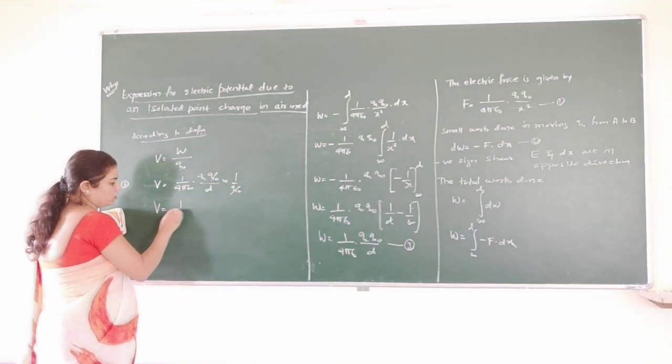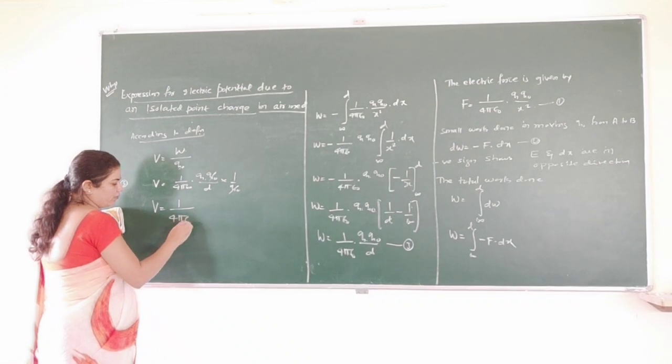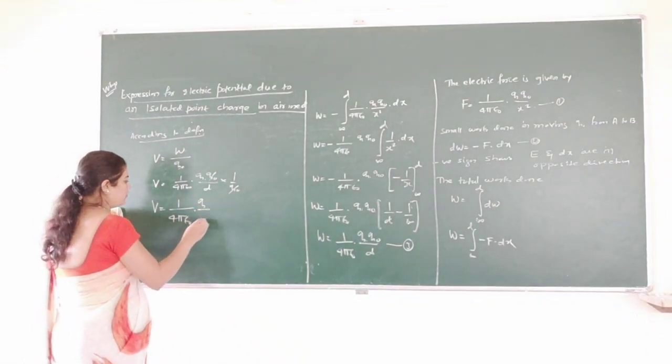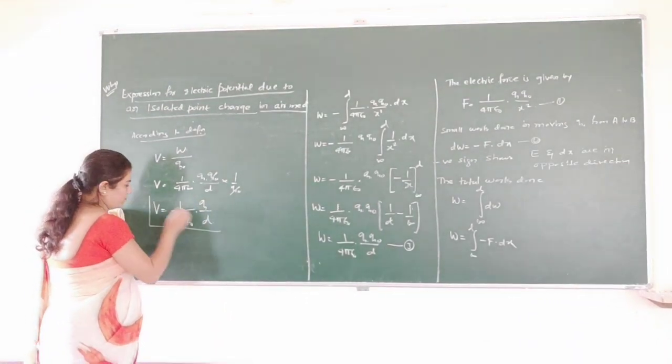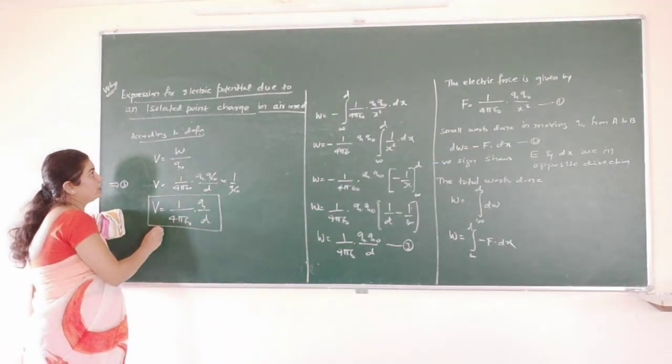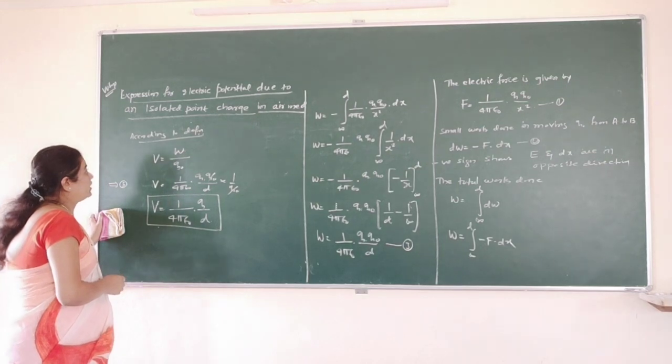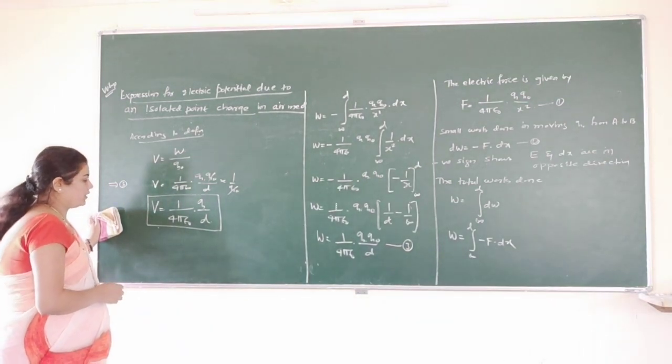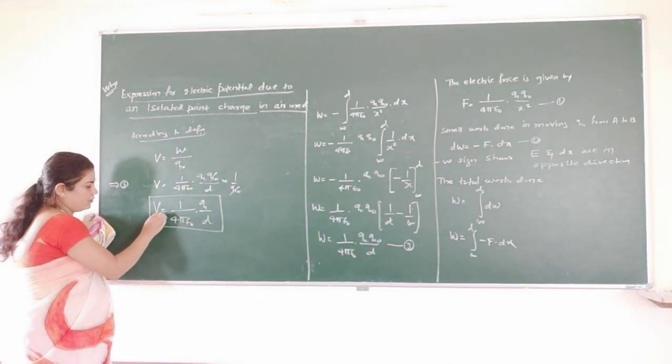Therefore, electric potential is 1 divided by 4 pi epsilon naught Q divided by d. This is the expression for electric potential due to an isolated point charge in air medium.